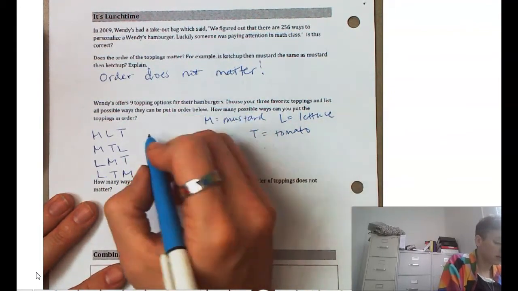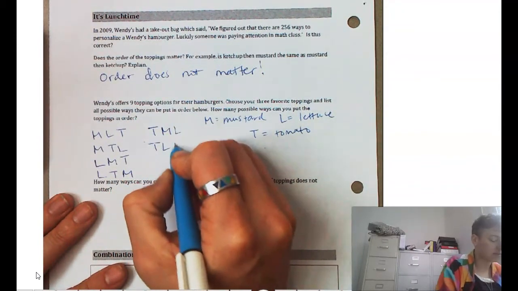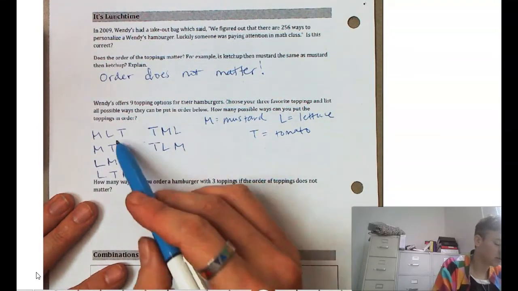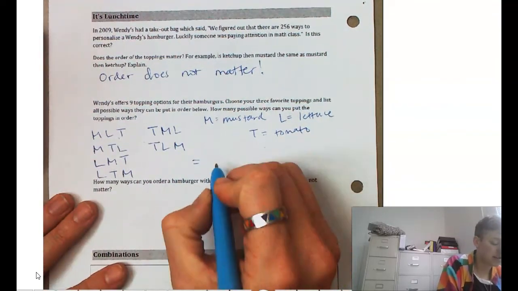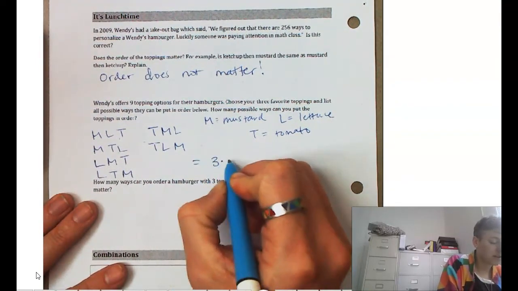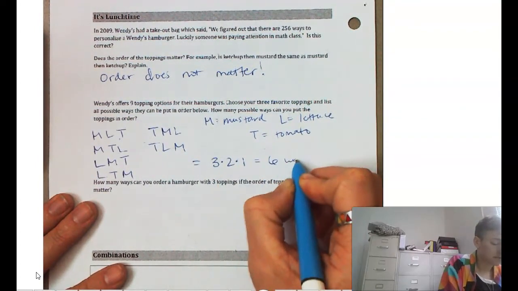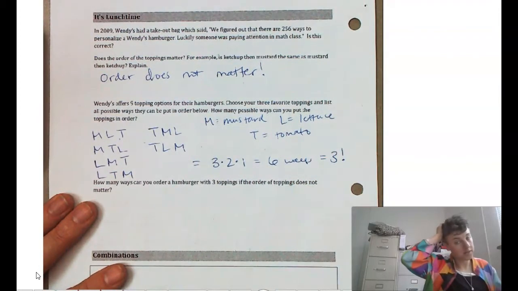Or I could do tomato first, and then mustard, and then lettuce, or tomato first, and lettuce, and then mustard. And that's it. Those are my possible ways. How many is that? There are 6 possible ways, which is actually the same as 3 factorial.